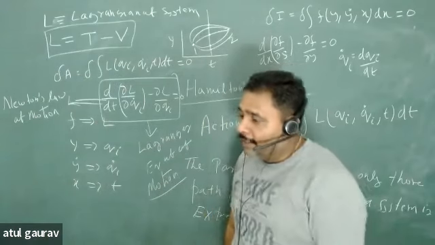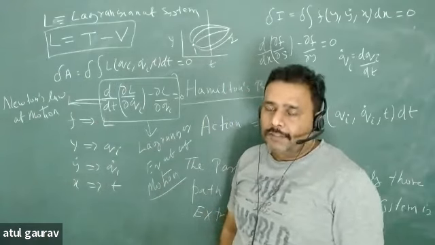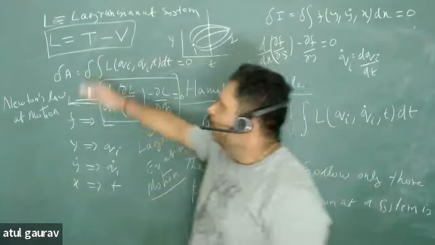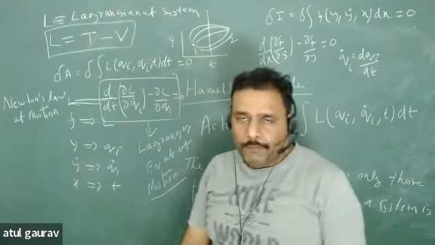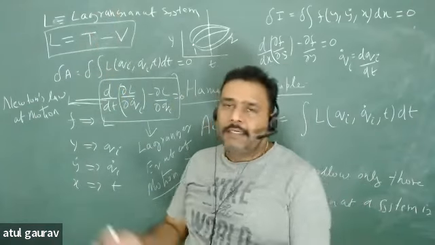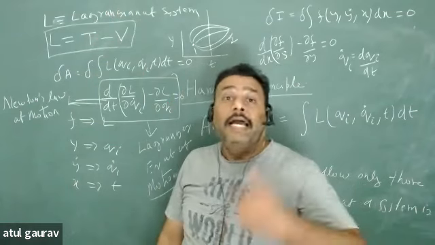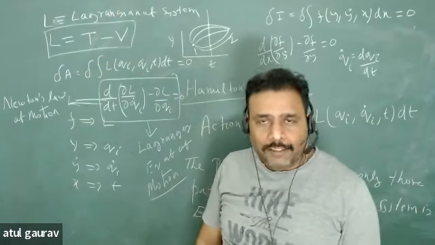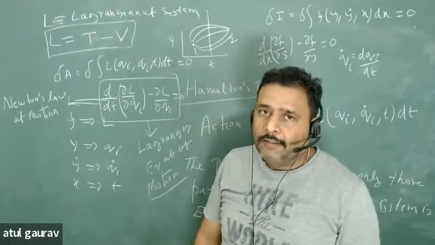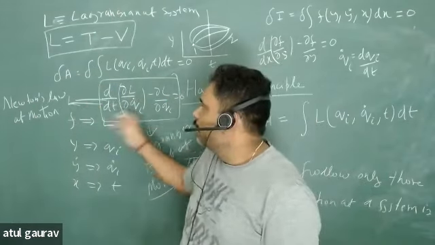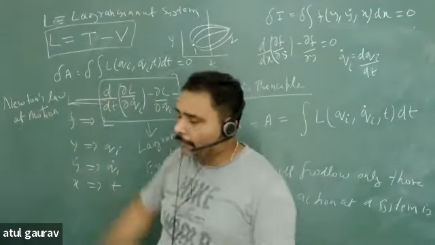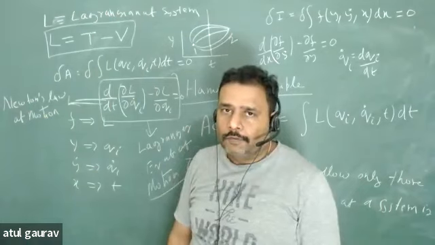So here we can find the Lagrangian of a system. If you can write kinetic energy and potential energy as functions of generalized coordinate, generalized velocity and time, then obviously you can find Lagrange's equation of motion and go to Newton's law of motion.